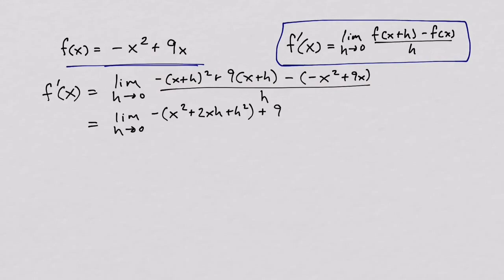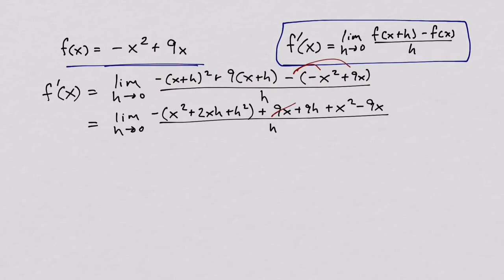I can distribute the 9 to the two terms in parentheses, 9x plus 9h. And then finally we can distribute this minus sign to the two terms here as well. And we end up with a positive x squared minus 9x. All of that is still over h.